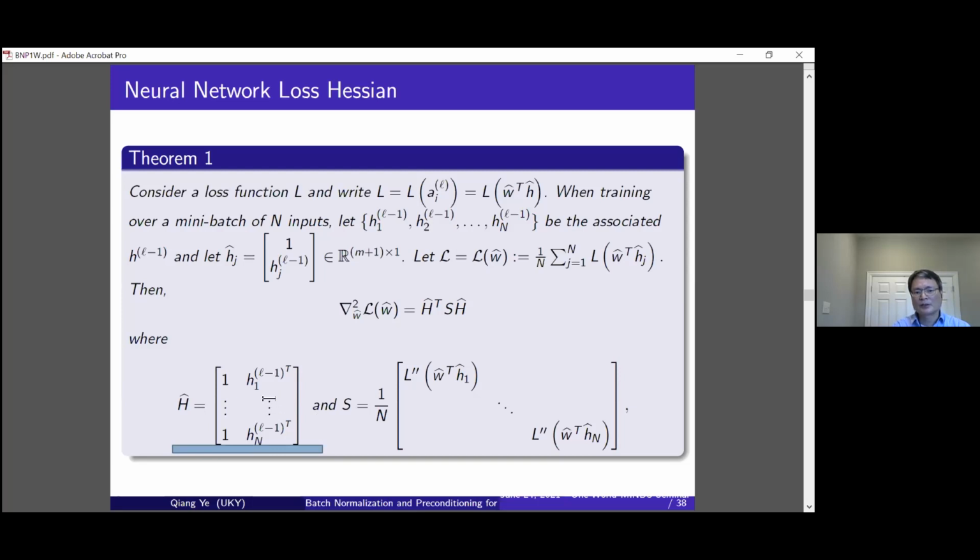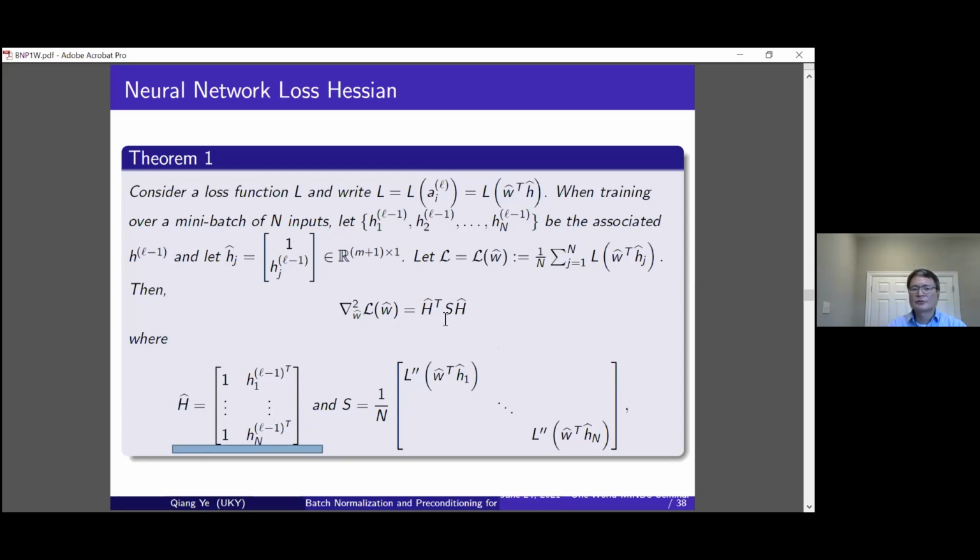And then the second block column is, you take each Hi, take the transpose, make it a row, and put them together. So that's just a matrix of n rows, basically the mini batch of the hidden variables. And the S in the middle is the diagonal matrix with second order derivatives.